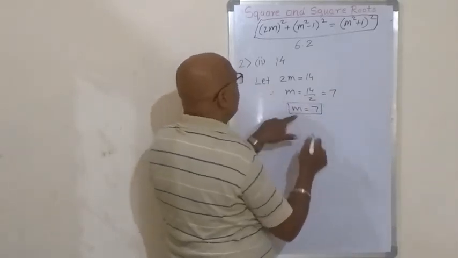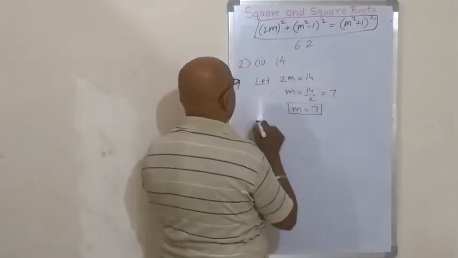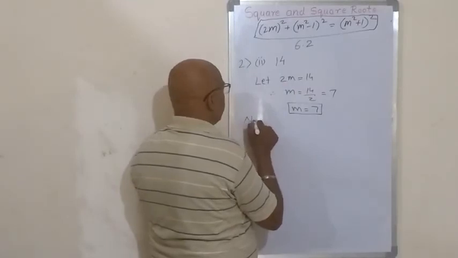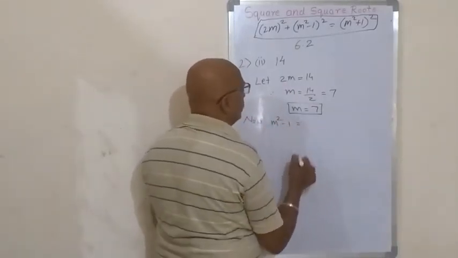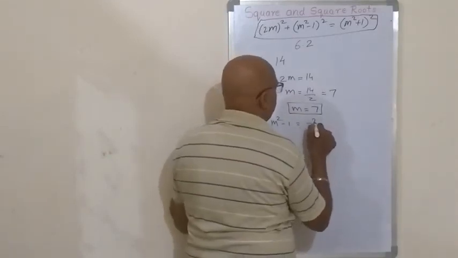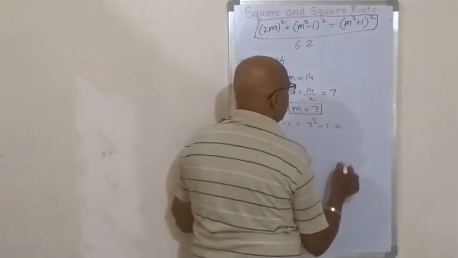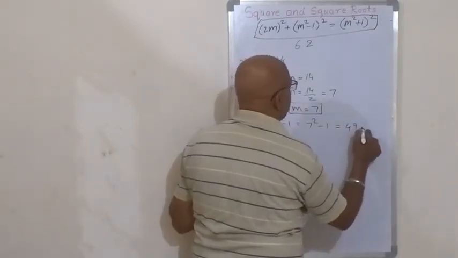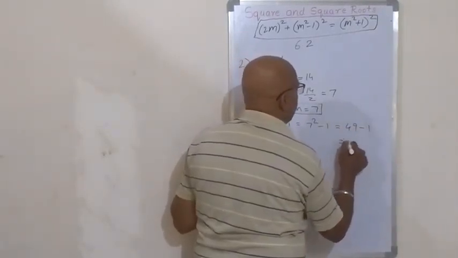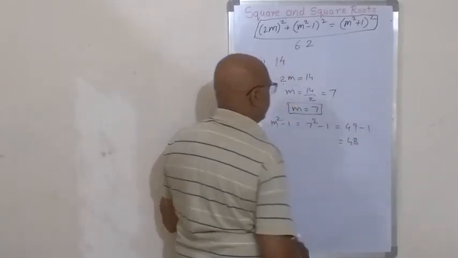Now we'll put this m in the second one. m square minus 1 equals 7 square minus 1 equals 49 minus 1 equals 48.